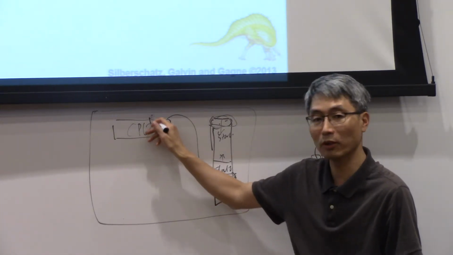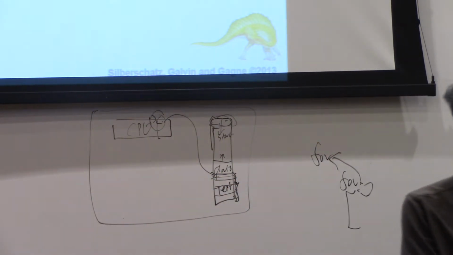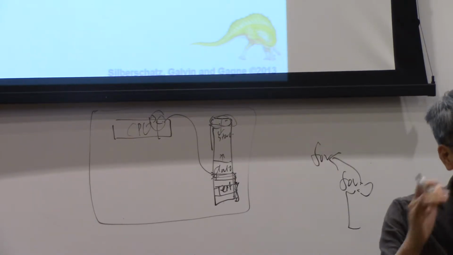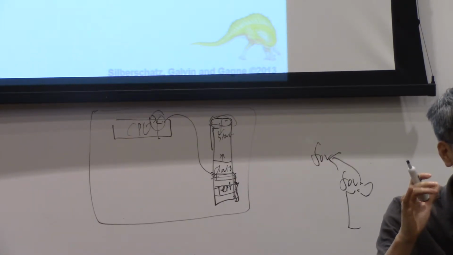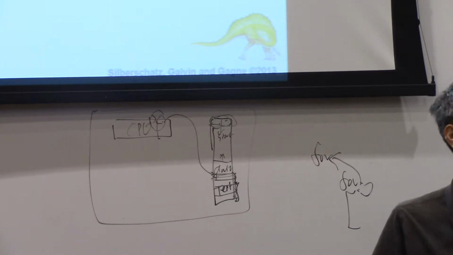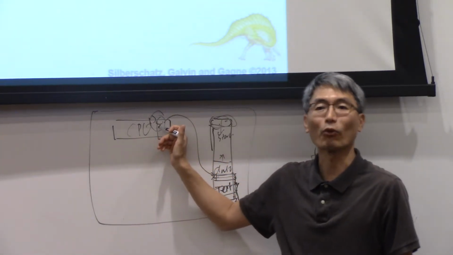It's called the PC. Where is the PC stored? Is it somewhere in memory? Processor. Processor, specifically where? So register.